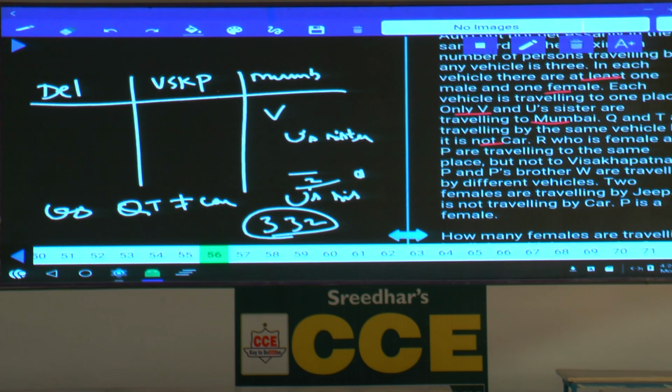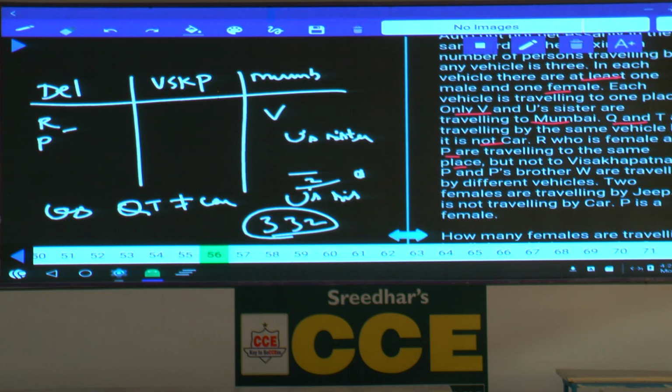And R, who is a female, and P are travelling to the same place but not to Visakhapatnam. They cannot travel to Mumbai, hence these 2 persons must be travelling to Delhi. Now, if R and P are here, where should Q and T be?